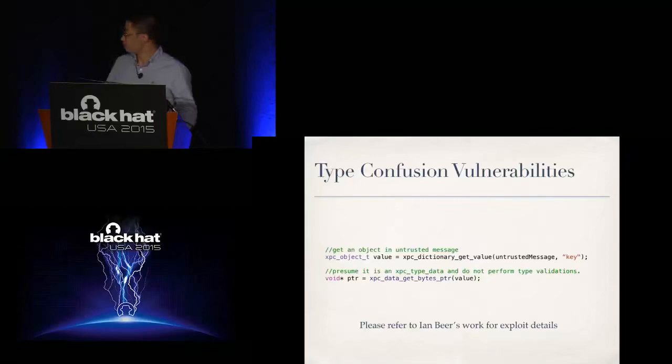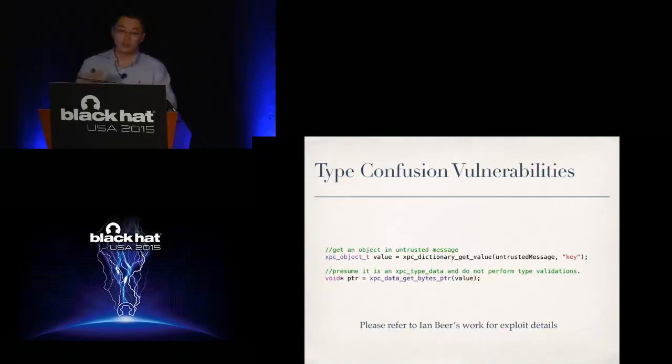For example, in the code you can see, sorry, I only have one level here. You have the message, and it tries to retrieve the object using the key. And for the returned object, there's no type validation, and the server side continues to just believe it's an XPC type data and dereference the data.